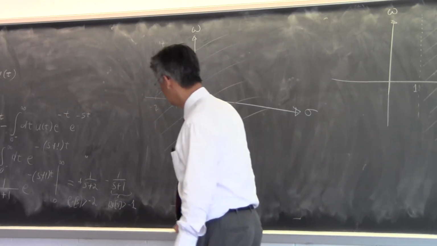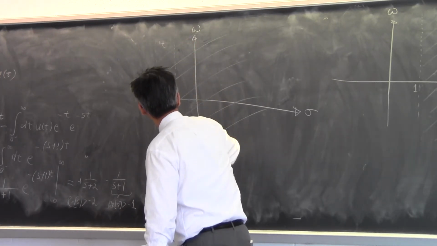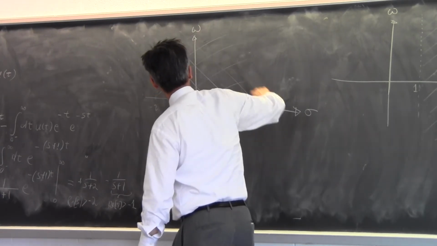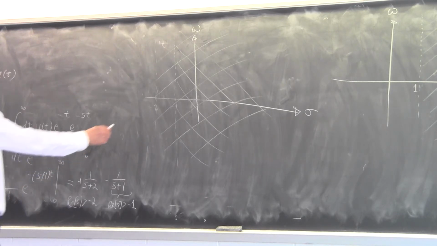The second term will have a region of convergence that looks like that. But I have to define the region of convergence to be common to both, so that both terms would converge. So the region of convergence for this Laplace transform is this one over here, this one with the crisscross.